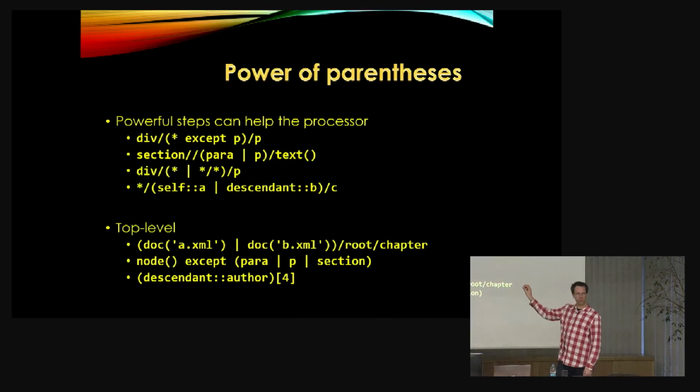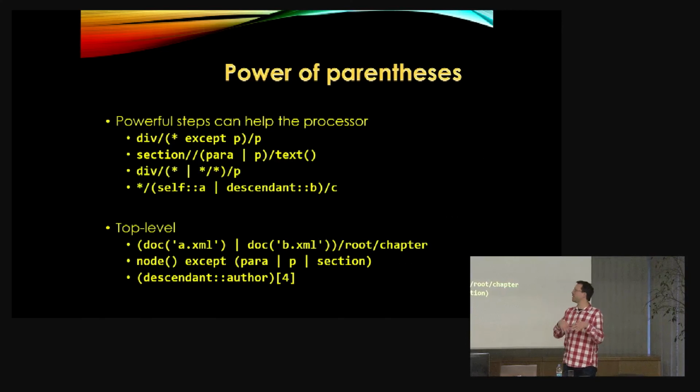The way it is written, it's meant as an example. You could expand it, of course. You have a div, and as a child of the div there is any element, but not a p.